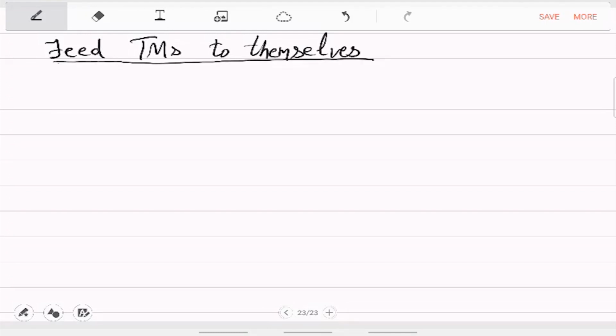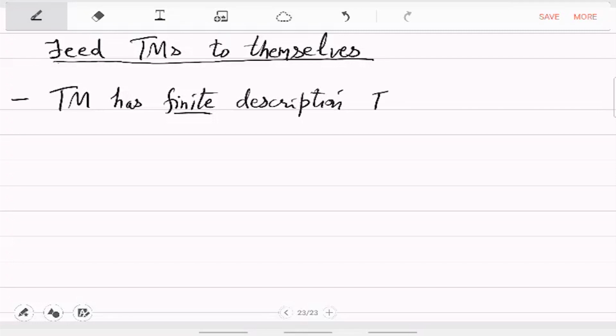So how do we formalize that? It's not difficult, because Turing machine, remember, has finite control. So it's a finite string. You give that to another Turing machine as input. So Turing machine has finite description. Right, alphabet, state, transition function, or think of the state diagram.